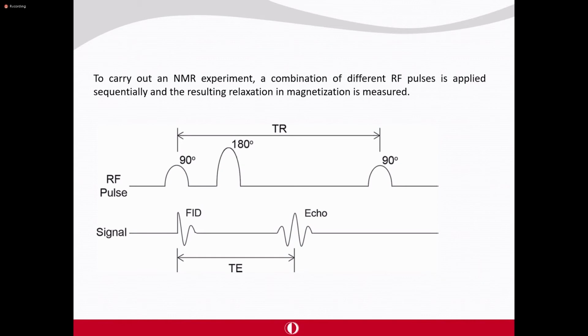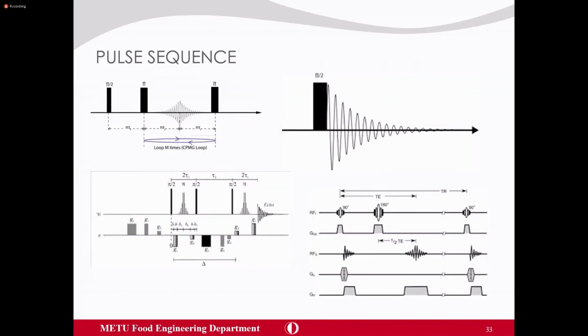We will be using it when we measure the spin-spin relaxation time, the T2 relaxation time. Here you see the pulse sequence again. After the 90-degree pulse we have a signal, and be careful, that signal is decaying exponentially.